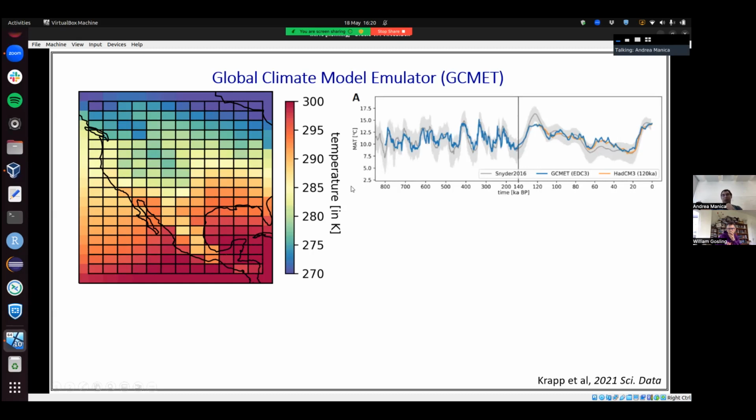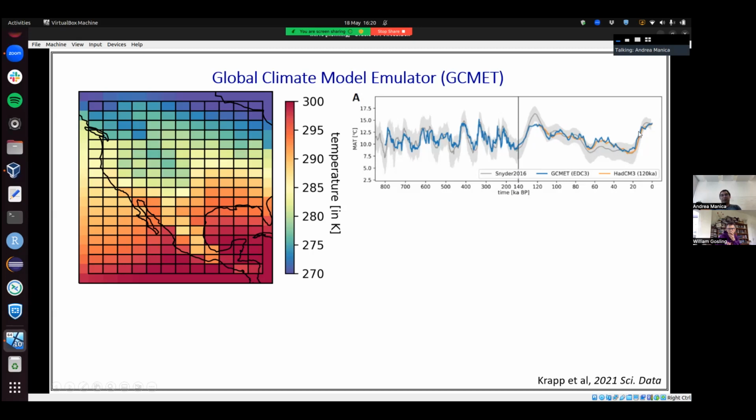So you can look at how well the HAD-CM3 does compared to its emulator. Here in orange, you have the mean temperature for the world based on the HAD-CM3. You then have in blue what the emulator is recreating.